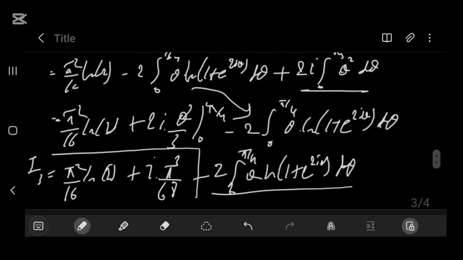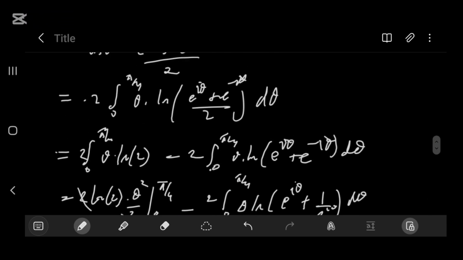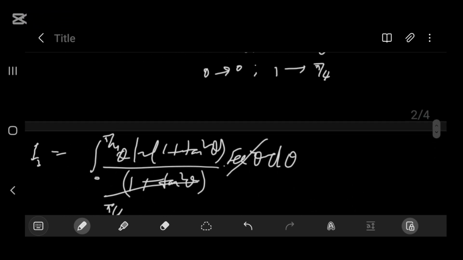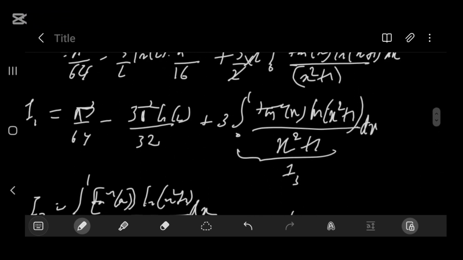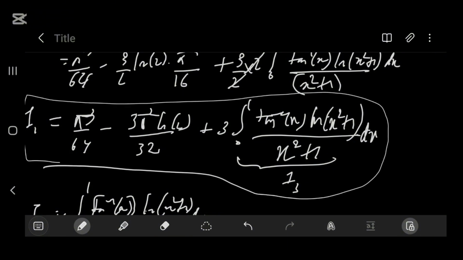Well, we got the answers for I3, and now we need to look up the question. Well, here we go. So I1 is actually, here we have this part.